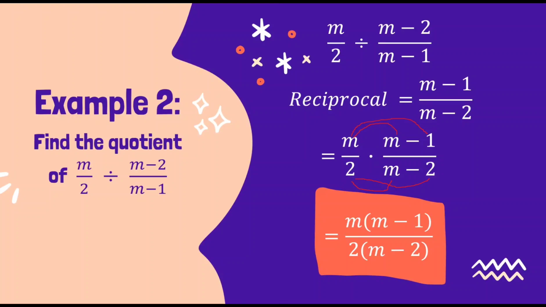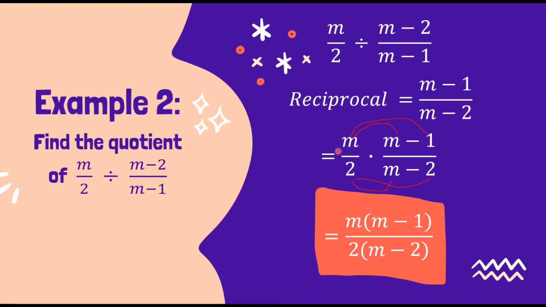So, kapag minultiply natin yan ng isa-isa or using the distributive property of multiplication, kailangan pa rin natin siyang ilagay in lowest term. So, ilalabas pa rin natin si m, which is our common factor or the greatest common factor.